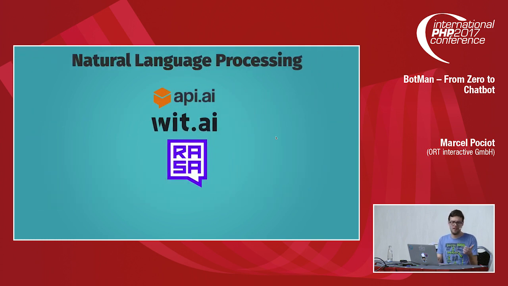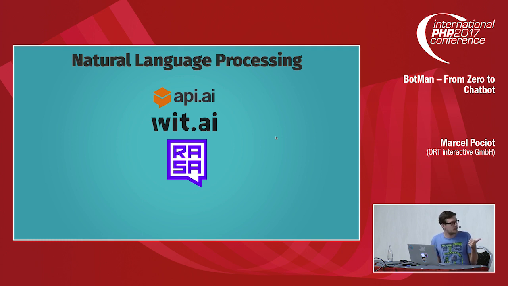And there are a few more services that provide natural language processing. So those are pretty much like the big three. API AI, which was renamed a few weeks ago to Dialogflow. It's from Google, and it's free. There's Wit AI, which is also free, but they have some rate limits once you hit a specific number of API calls.